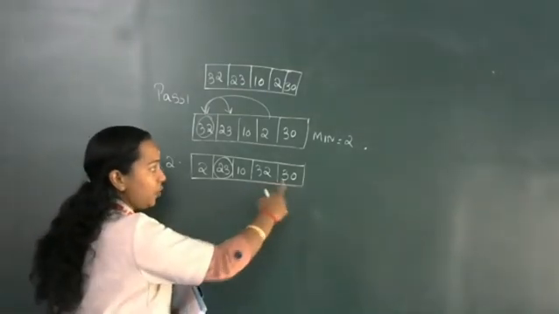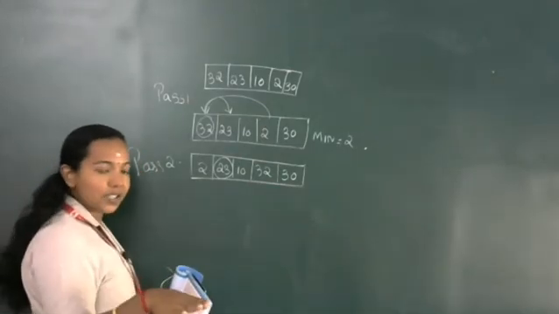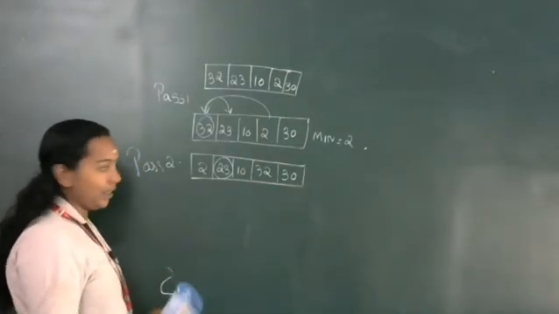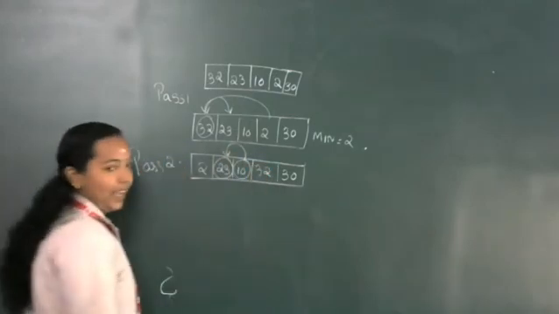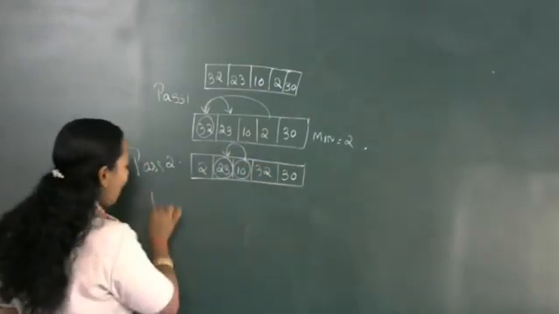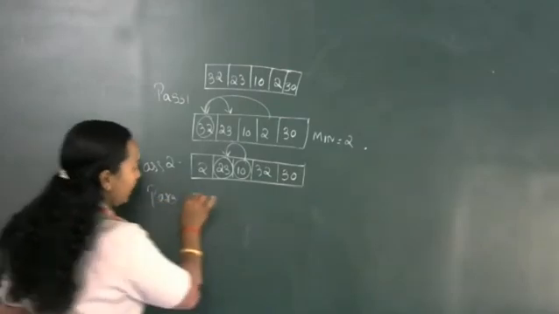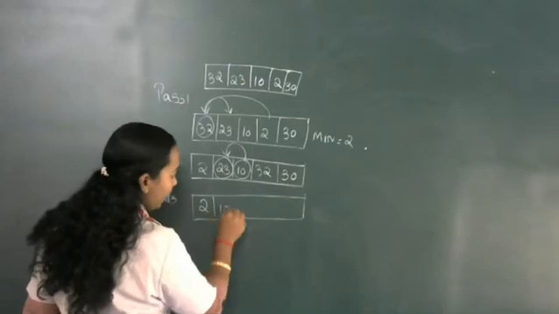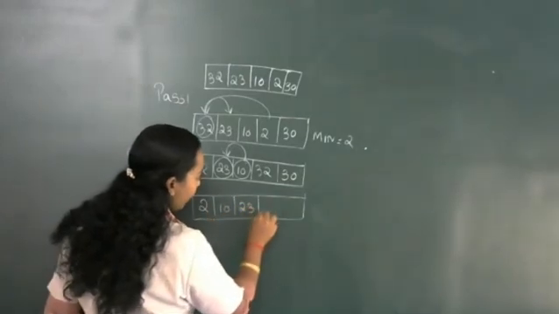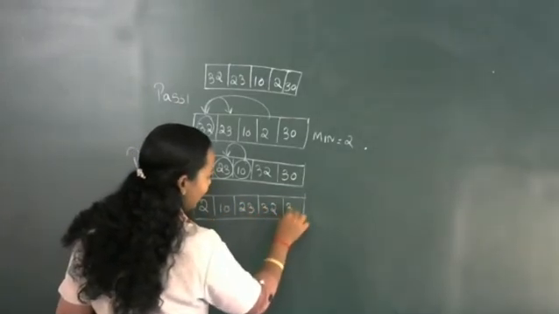Then 32 and 30. In all of these, 10 is smaller than 32 and 30. So the smallest element 10 is shifted to the second location. So after pass 2 we will get the array 2, 10, 23, 32 and 30.